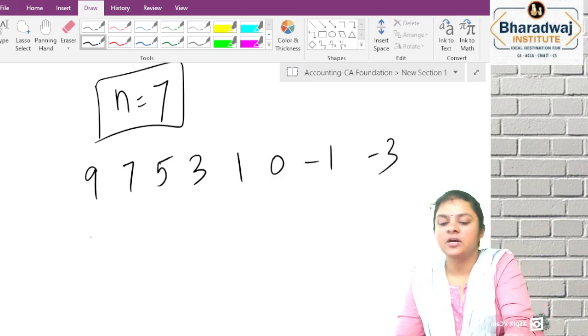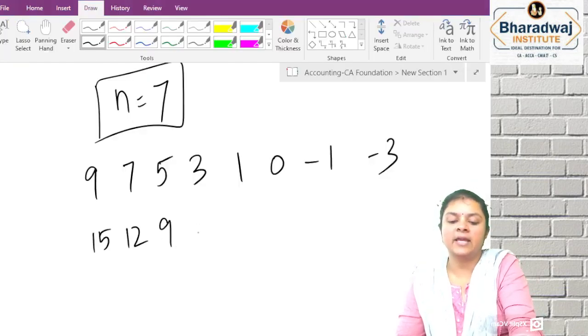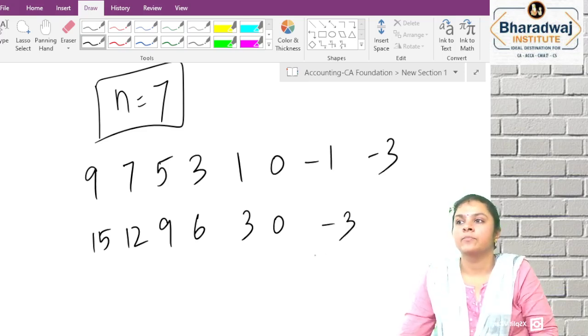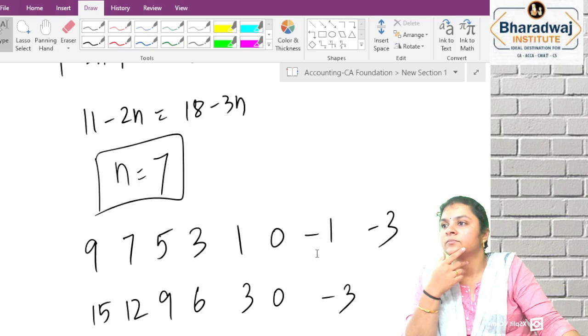These are the values. Go ahead for the second equation. 15, 12, 9, 6, 3, 0, minus 3. 9. Okay. So you will get a common term.